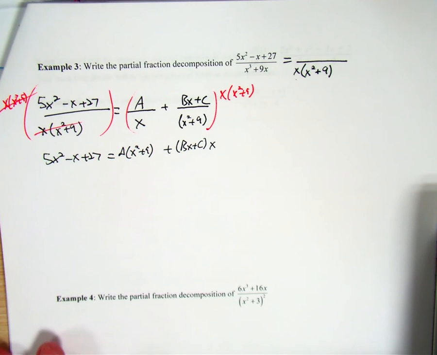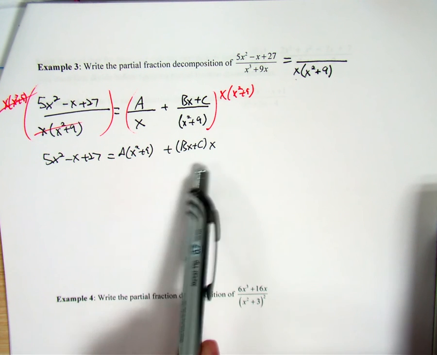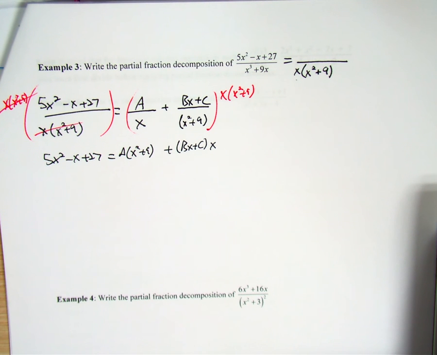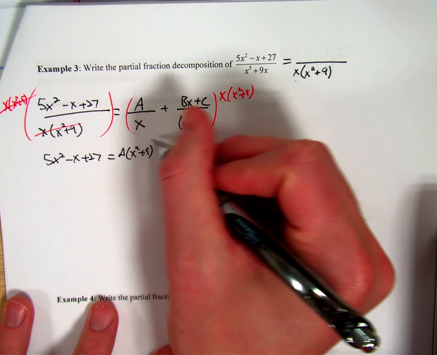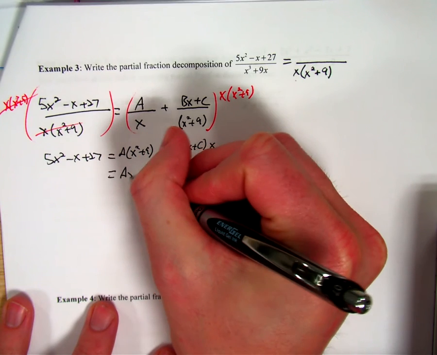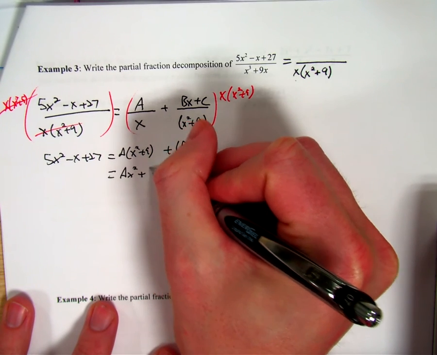Alright, so now it's the same process we've been doing. Let's see if you can push pause and simplify this, regroup things, and see if you can set up those equations and solve for a, b, and c and rewrite it. Okay, let's see how you did. We're going to distribute our a. We'll have ax squared plus 9a.